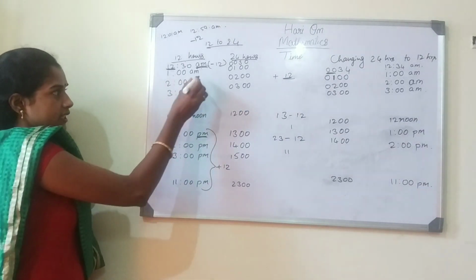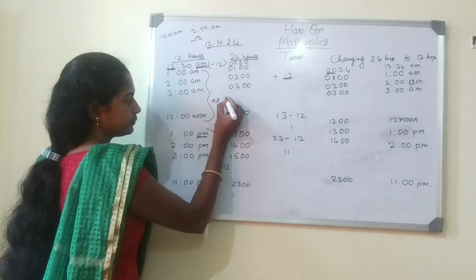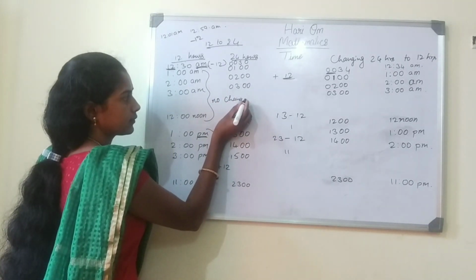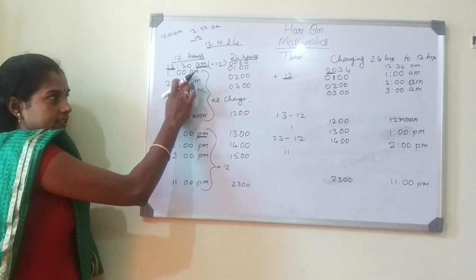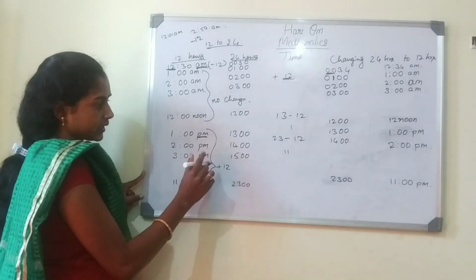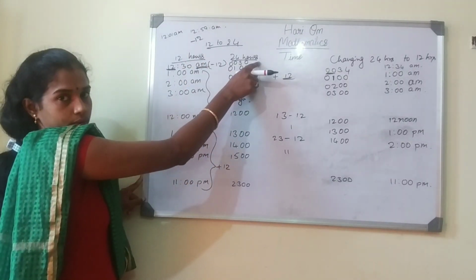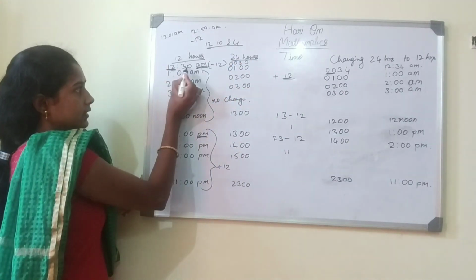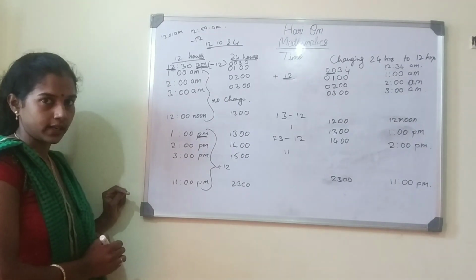Okay, children, in a.m. there is no change. If it is p.m., we add 12, that is 12 hours to 24 hours. If it is 12:30 a.m., we subtract 12.